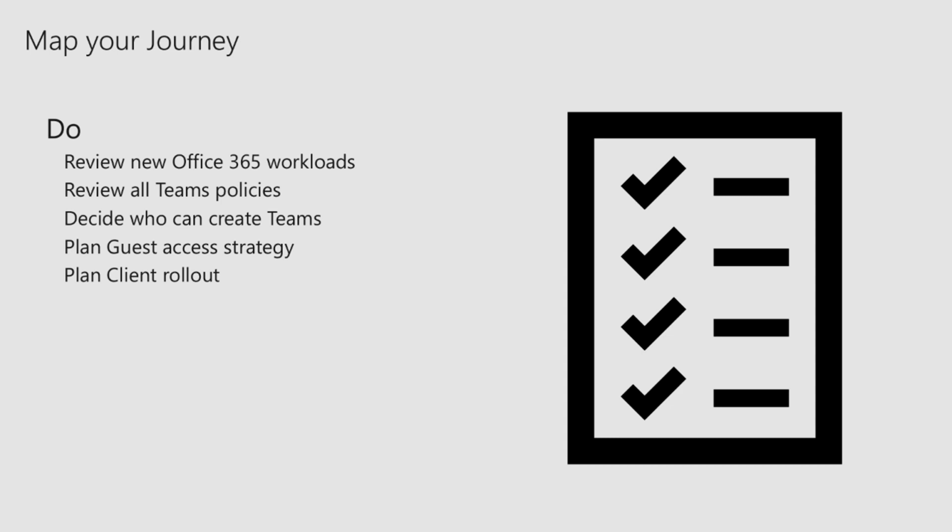Two things as well that are really important early on: plan guest access. So guest access is the ability for external participants, so either from home, so contractors for example, or someone from a different Office 365 tenant to join your teams. Now obviously that means that they can see everything going on in that team. So this is one of those areas where InfoSec and compliance are very important.